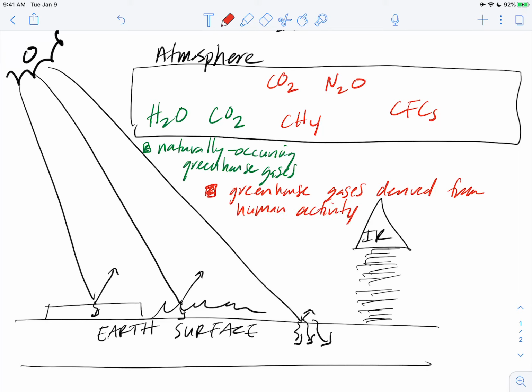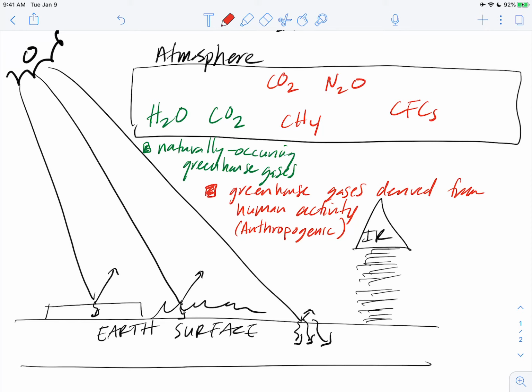Now, there's a fancy word for this, and it's anthropogenic. Anthropogenic greenhouse gases is another way of saying greenhouse gases derived from human activity. It's a little shorter, that's why we say it.